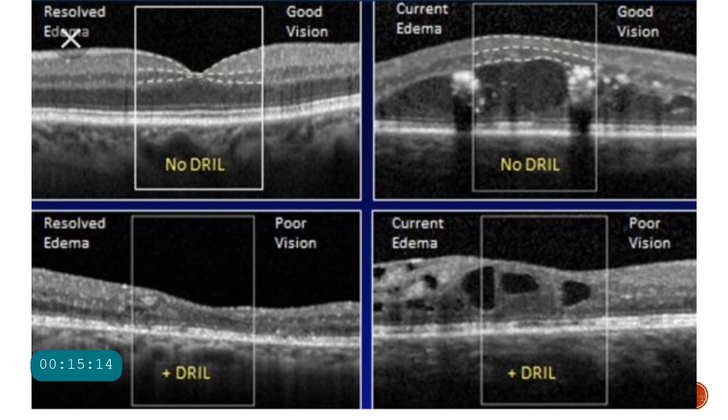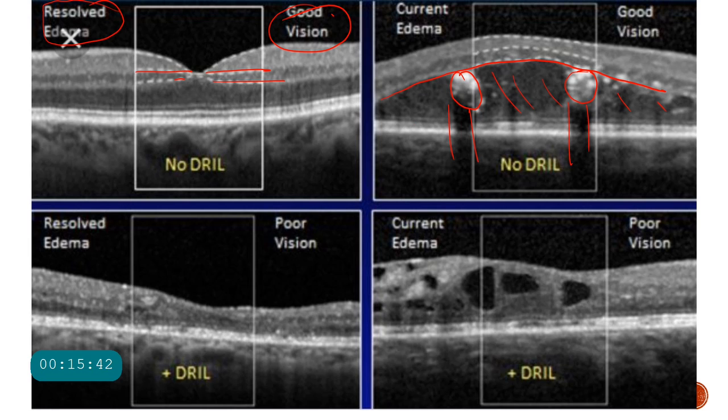For example, if you see this picture, this patient actually does not have any edema. The edema has resolved, and you can see that the layers are very well demarcated, and therefore the person has good vision. Now in the second picture over here, the person is actually having edema. You can see the inner retinal layers are pushed up, and you have certain hyperreflective areas over here which are causing back shadowing, and there's probably fluid present over here.